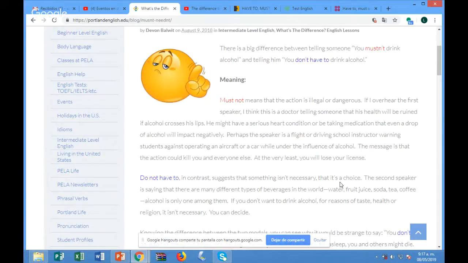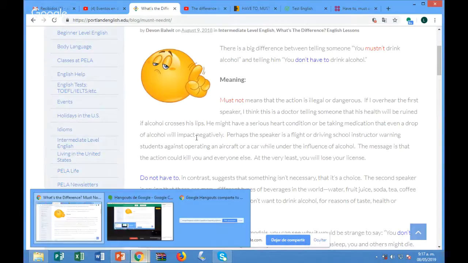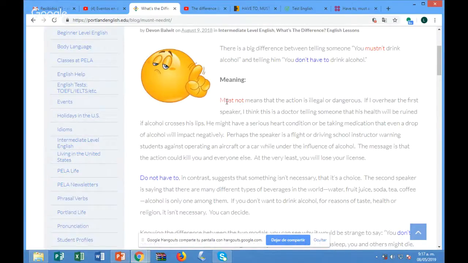The message is that the action could kill you and everyone else. At the very least, you will lose your license. So the meaning of must not is that the action is prohibited, is dangerous in this case, for example.